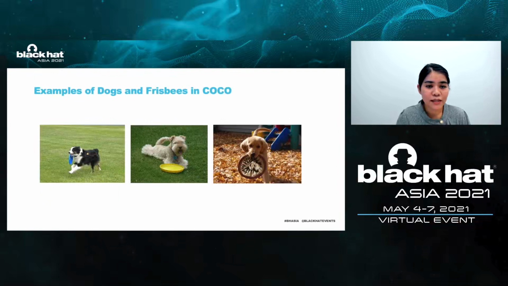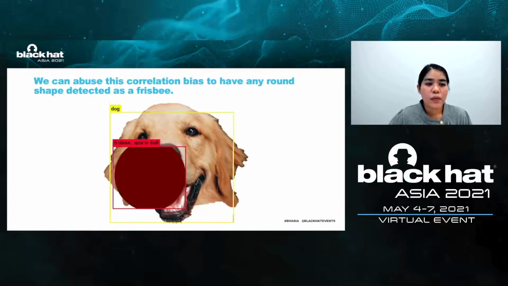You can take a look at some of the dog and frisbee figures in the COCO data set. We have a lot of dog and frisbee always together. So we abuse this correlation, existing almost always together, like dog and frisbees, this kind of correlation bias, to generate a lot of adversarial images.